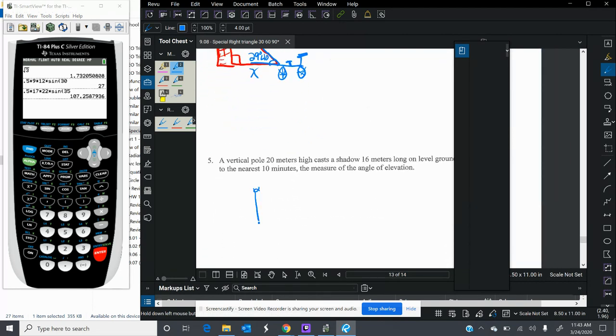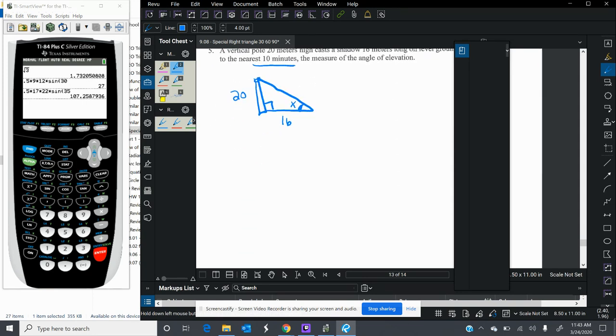Number 5, vertical pole that casts shadow on ground. So the vertical pole we will assume is perpendicular to the ground. If the pole is 20 feet and the shadow down on the ground is 16 feet, you're trying to find the measure of the angle of elevation to the nearest 10 minutes.